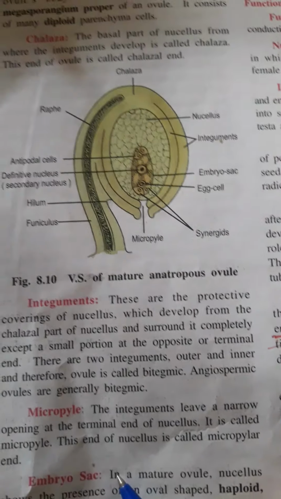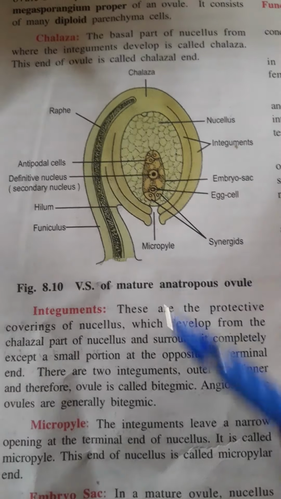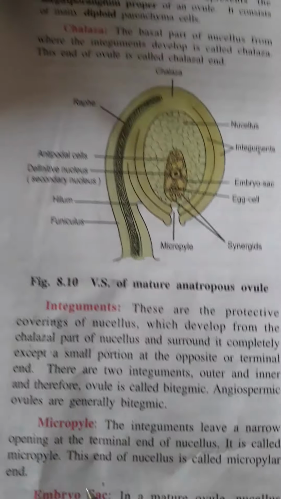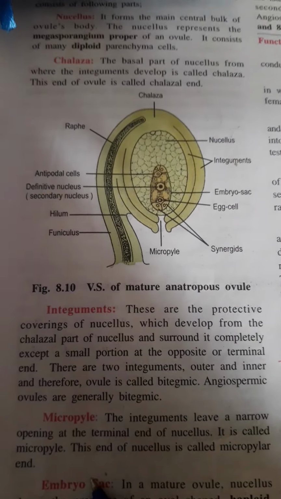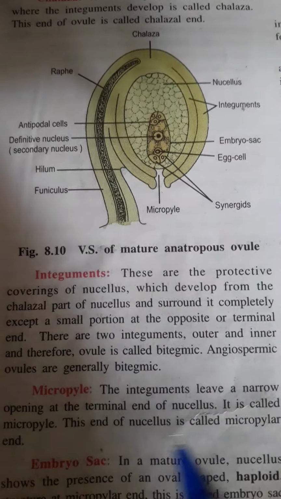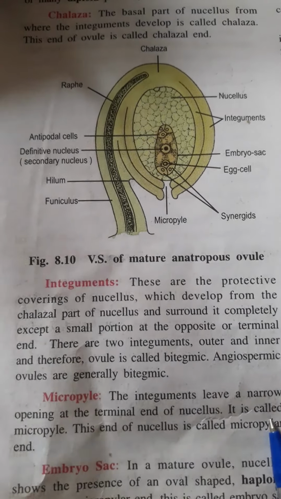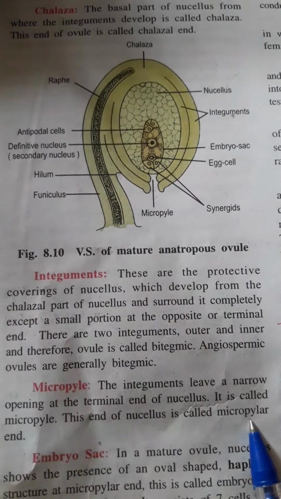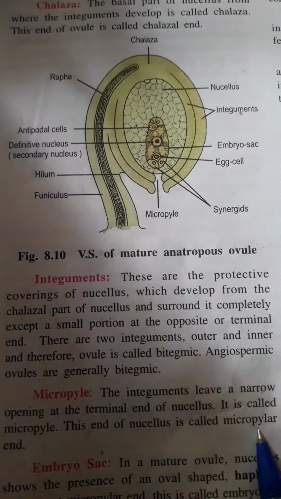Next, micropyle. Now what is micropyle? The integuments leave a narrow opening at the terminal end of nucellus. It is called micropyle. The end of nucellus is called the micropylar end. So what is the basal end of nucellus called?